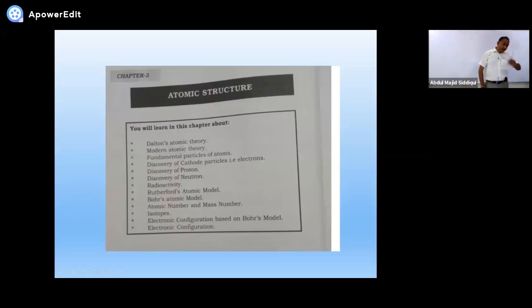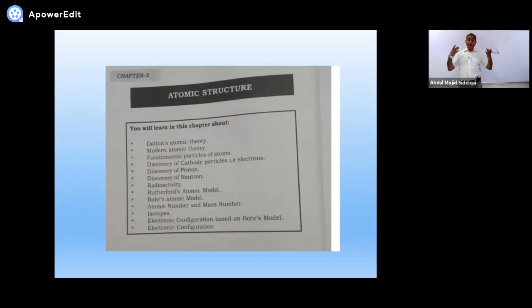So this is the content of chapter number 3. You can see, as we discussed yesterday, basic concepts regarding the structure of an atom, and the very first topic is all about the old concept of the structure of an atom that we call Dalton's atomic theory.